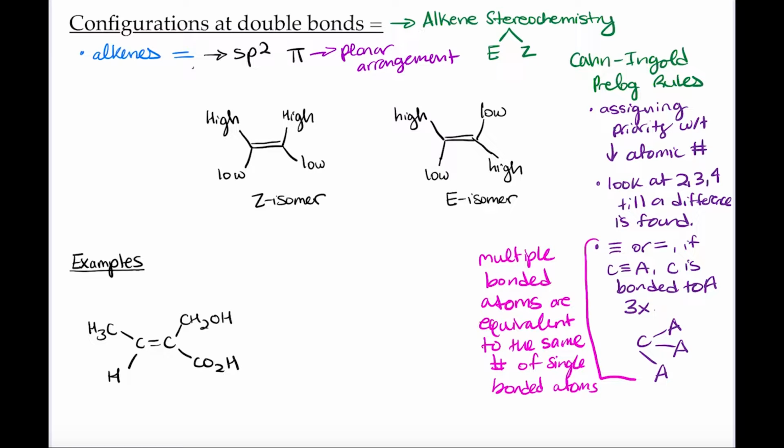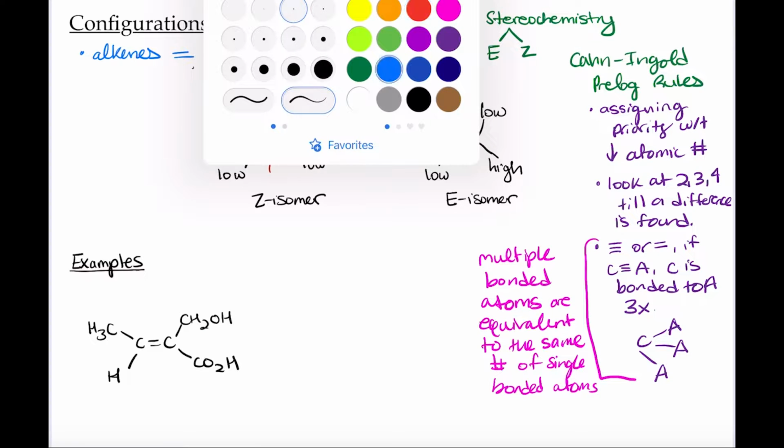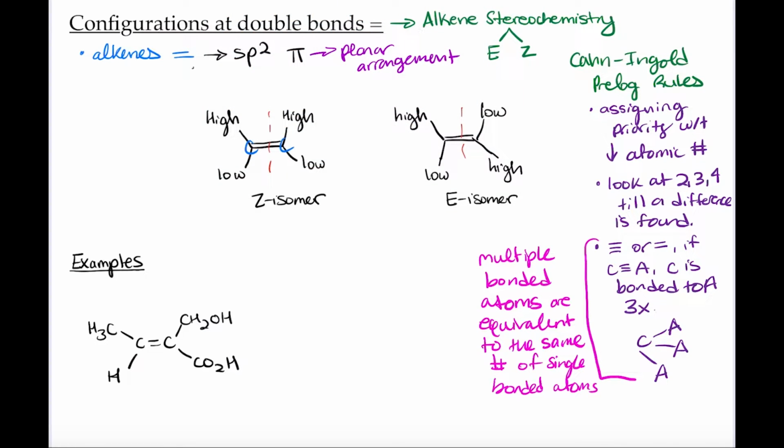Z means the same side, and E means the opposite side. So you have these groups attached to these carbons here. You have a group attached at this one carbon, and at another carbon, you have these two groups attached.